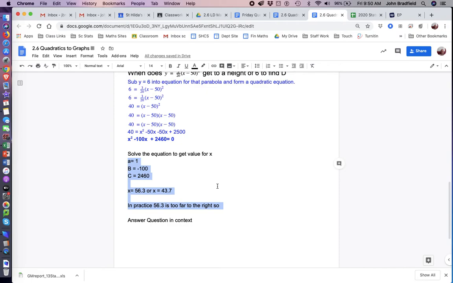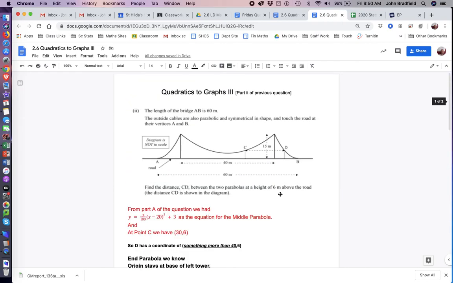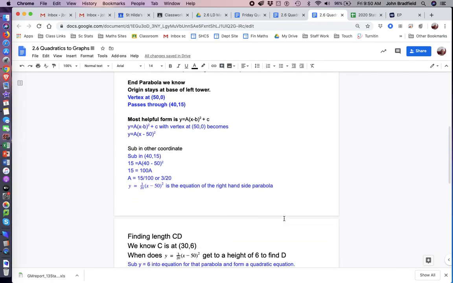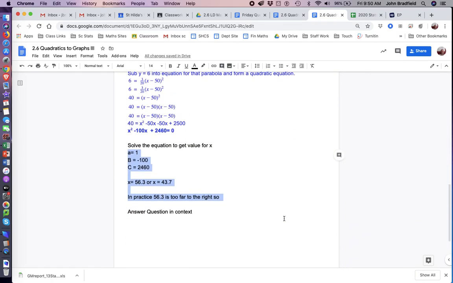But in practice, only one of them can be right. The 56.3 is too far down. If I go back to the diagram, if I compare those two answers, that's 40 there. That's 50 there, so 56, actually that'll be the time the parabola rises again and hits that level. So I want the 43 one.